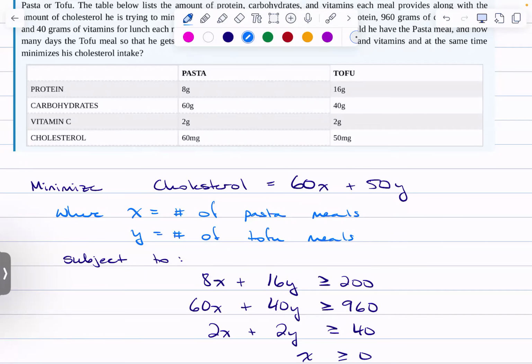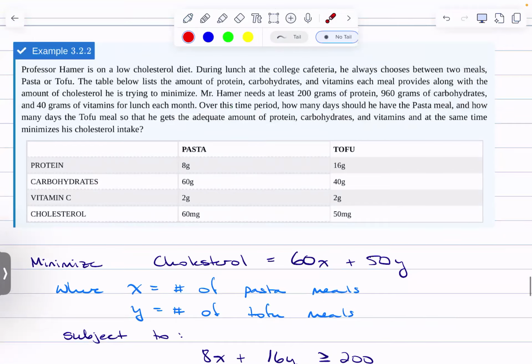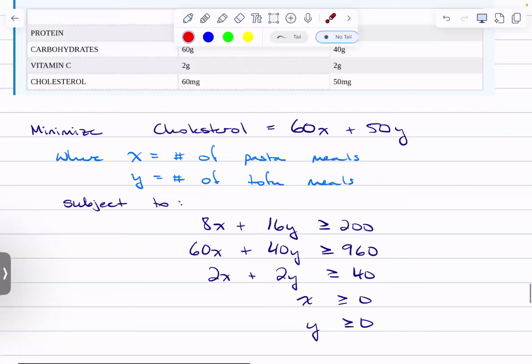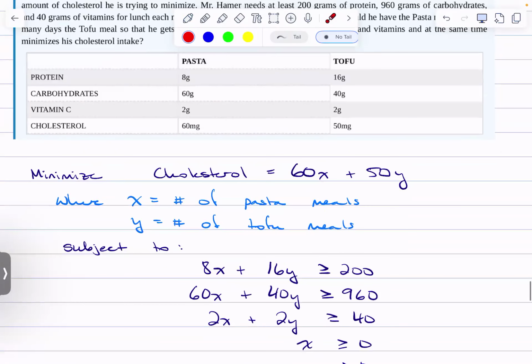Then we were given goals for the protein, carbohydrates, and vitamin C, and those should be our constraints, but let's confirm. Mr. Hamer needs at least 200 grams of protein, so 8x plus 16y has to be greater than or equal to 200. That's my protein.